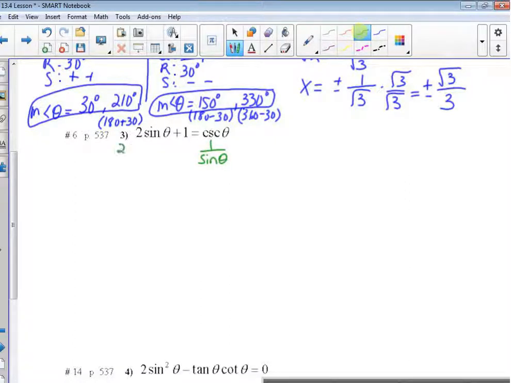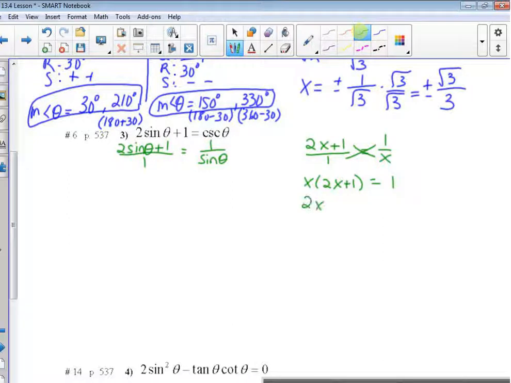And so then we'd have 2 sine theta plus 1 equals 1 over sine. And so now I'm going to look at that as 2x plus 1 equals 1 over x. And I'm going to cross multiply. So it would be x times 2x plus 1 equals 1 times 1.